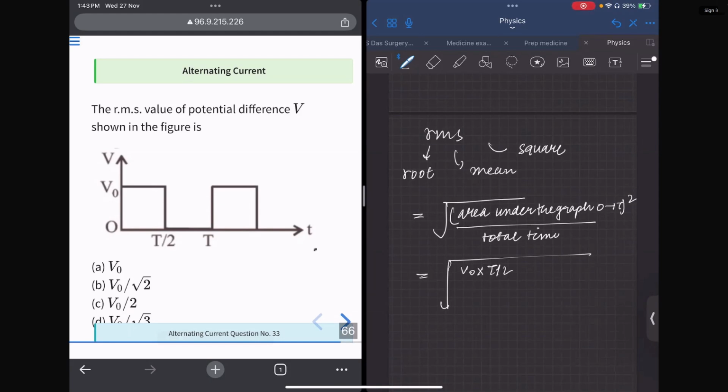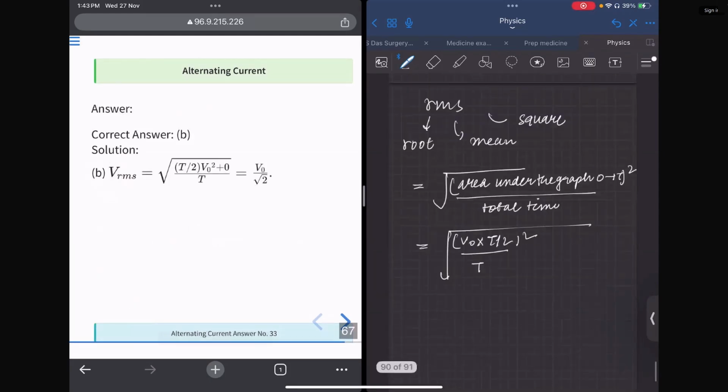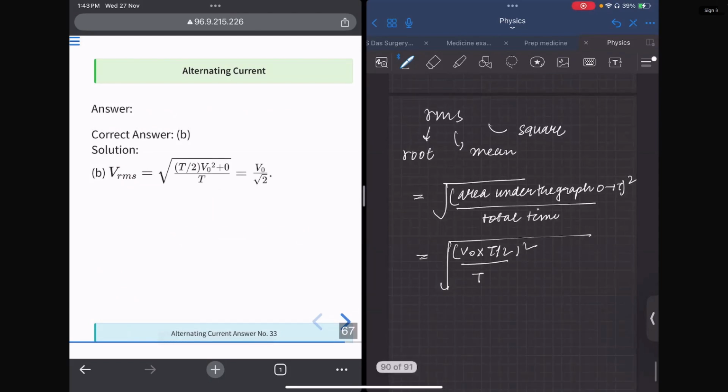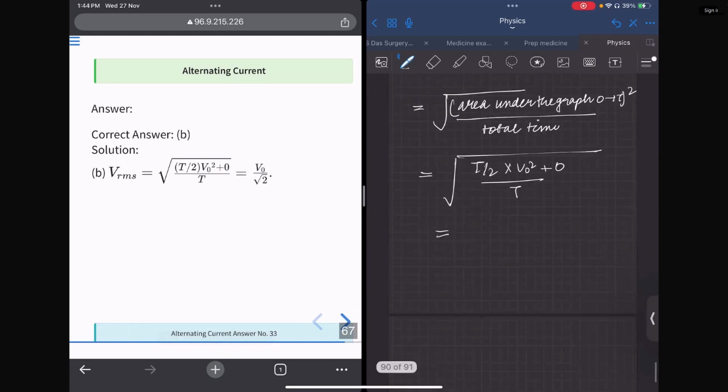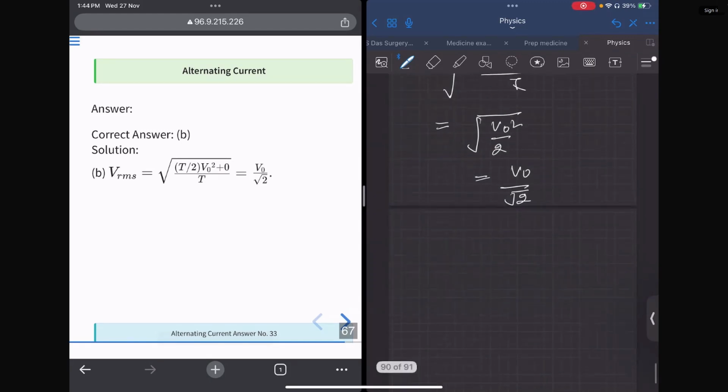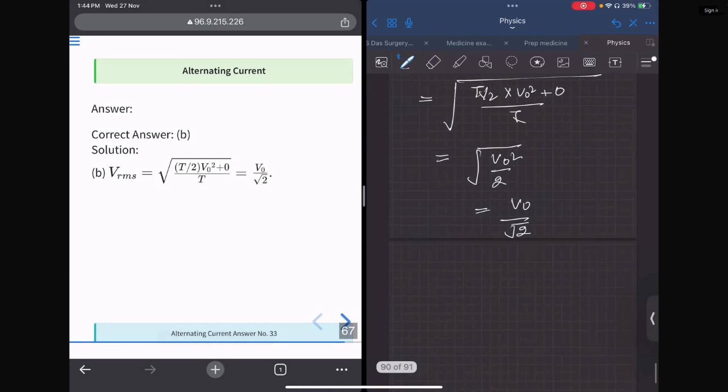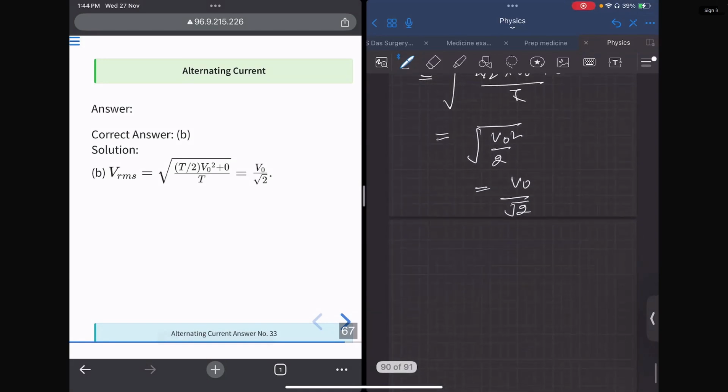V naught into t by 2 upon total time, which is t. So we have t by 2 into V naught square, plus 0, divided by total time t. The t will cancel out. So under root V naught square by 2, which is equal to V naught by under root 2. So the RMS value for voltage in this particular question is V naught by root 2.